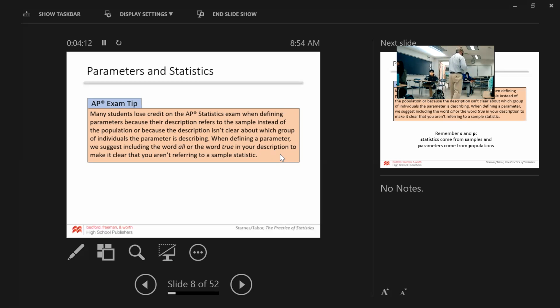In order to describe the parameter, if you said true mean, the reader knows that true mean means you're referring to the parameter. If you just talk about mean, and you don't specifically say sample mean or population mean, then you're going to be penalized. Yes, we did this, alliteration.